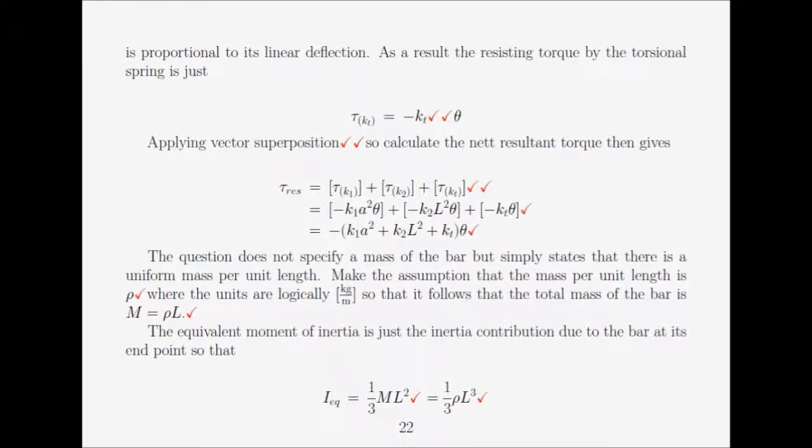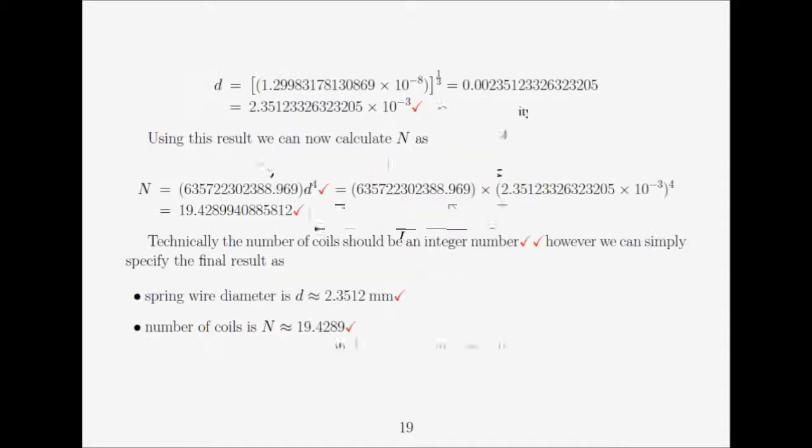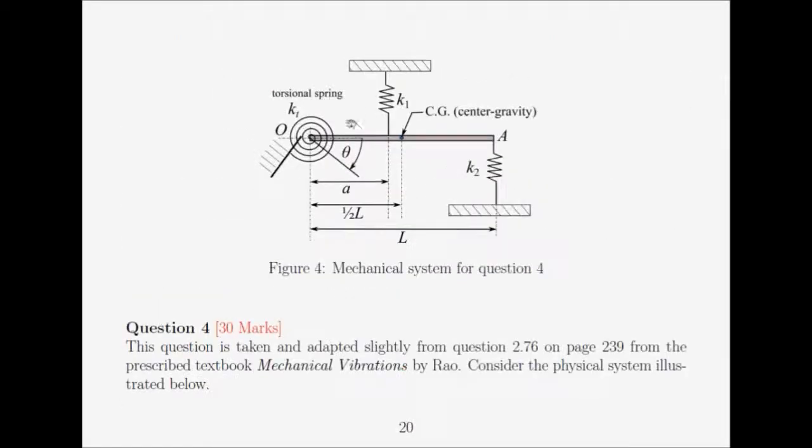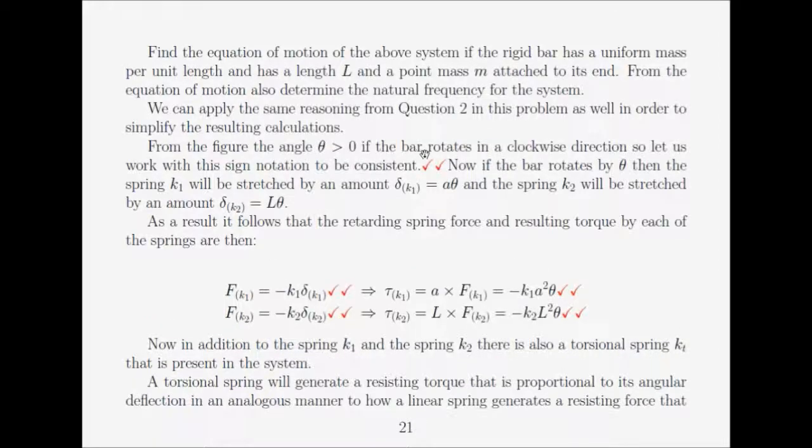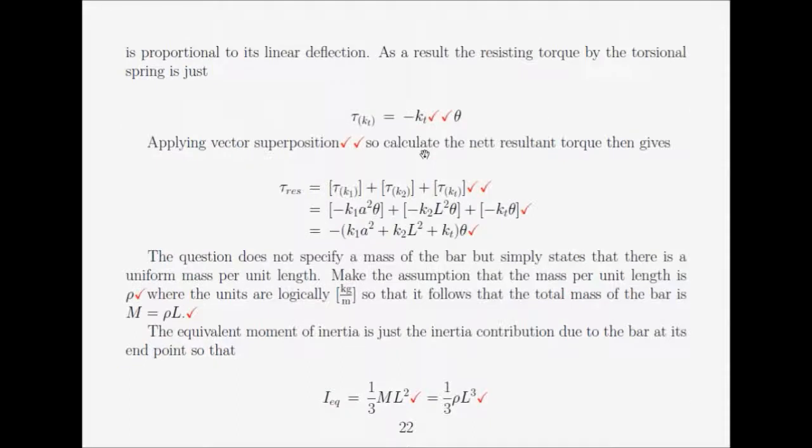So the learning objective is the density is not always a mass per cubic meter. It could be kilograms per meter, or kilograms per square meter, or kilograms per cubic meter. So it depends really on the type of problem that you're looking at. Going back to the system again, the equivalent moment of inertia is 1/3 mass times length squared, because it's fixed at the pivot.